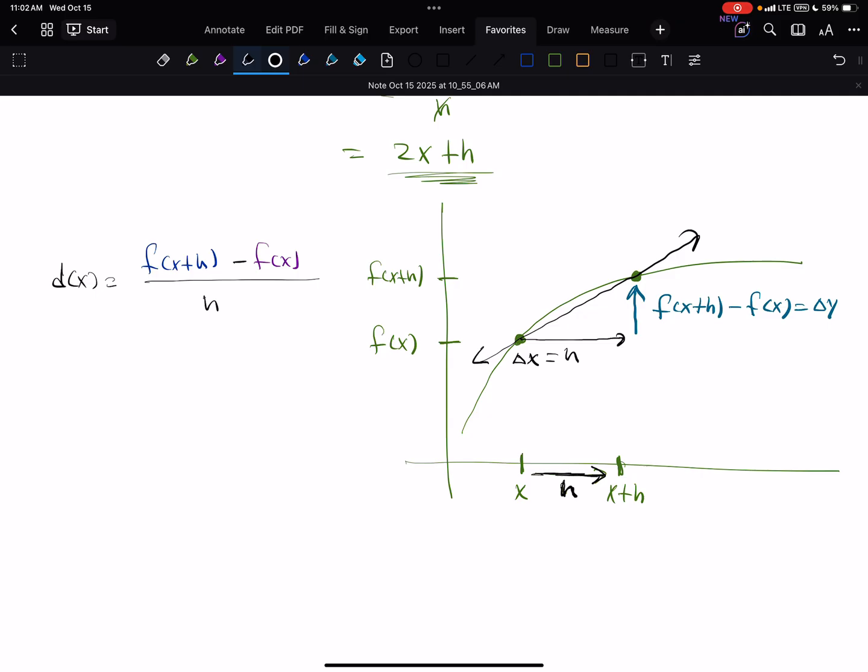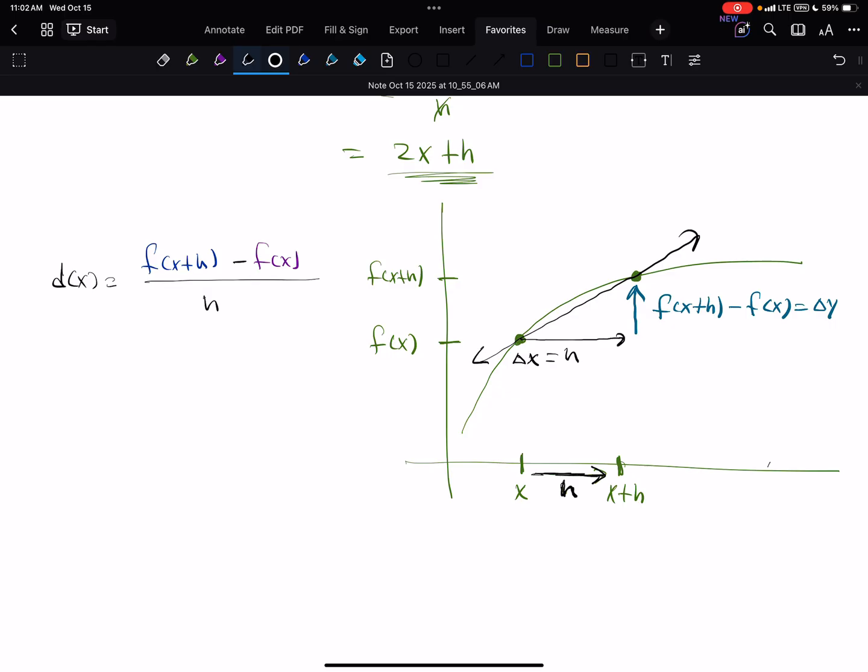The whole idea of our first calculus concept is that we've talked about rates of change of linear functions before. That was our slope. But what if we could figure out what the rate of change of a function was at every instant along that function?